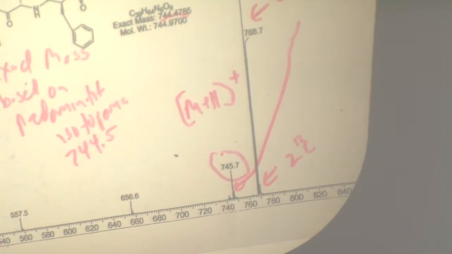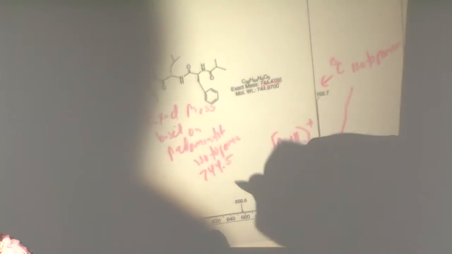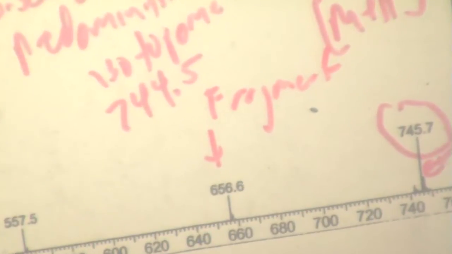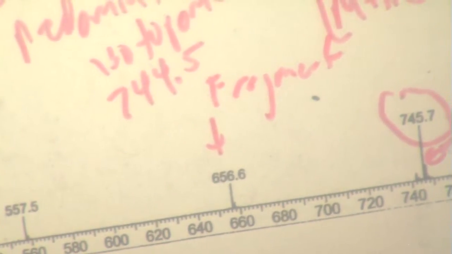We typically don't get a lot of fragmentation in the mass spec, but you'll see, for example, here you have a fragment. You're doing acid chemistry on the molecule. What's happening in generating the fragment is you're protonating on this nitrogen, and then it's leaving for that particular fragment to generate an acylium ion.